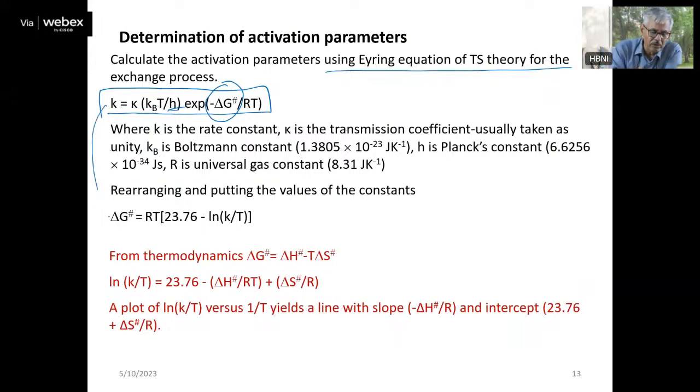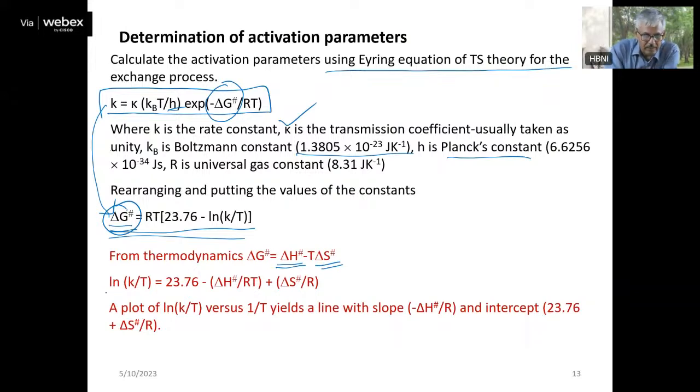And if you rearrange this equation in this form, I have given you the values. Kappa is normally considered to be unity. Normally kappa is taken as 1, and if you put all these constant values, you get an equation: delta G dagger is equal to RT into 23.76 minus ln K by T. Now you can split delta G into delta H and delta S, enthalpy and entropy, and the same thing has been done.